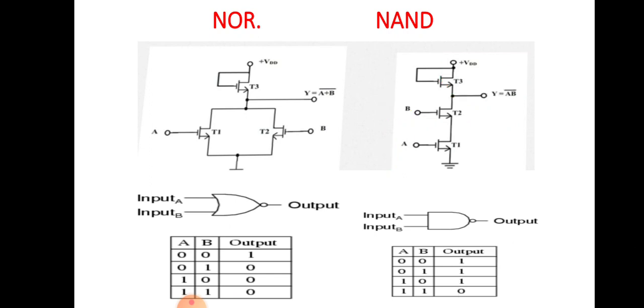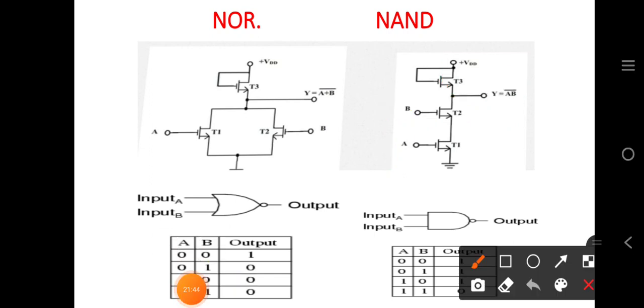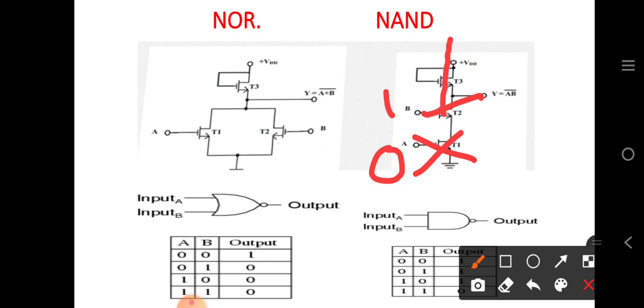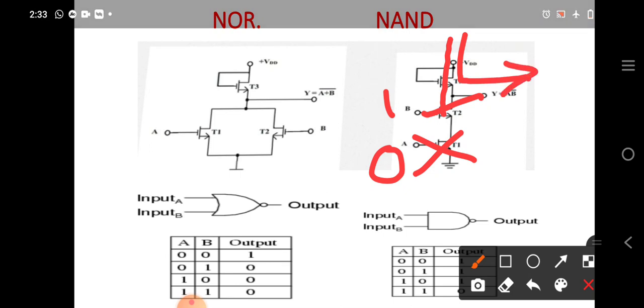Again, if this input B is 1 and this is 0, then this transistor is switched off, this is on. The current will come up to this, but if T1 is switched off, then the current will not pass in this direction, it will go towards the output and it will give 1.